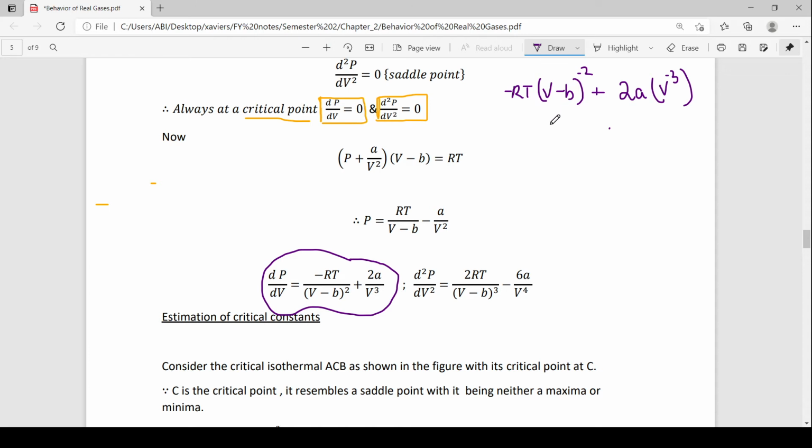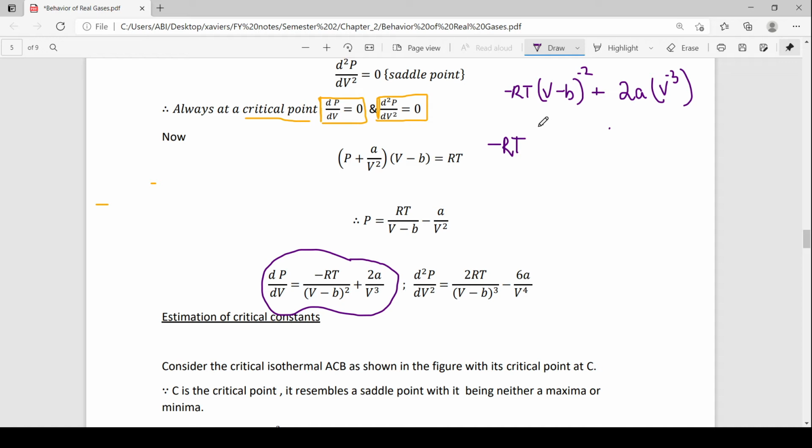So to find a derivative of this, again I look at only the bracketed term, since I'm finding it with respect to volume. So again it's like x raised to the power of n. What is my n? Minus 2. Derivative of x raised to the power of n is n into x raised to n minus 1. So what I get is minus RT.